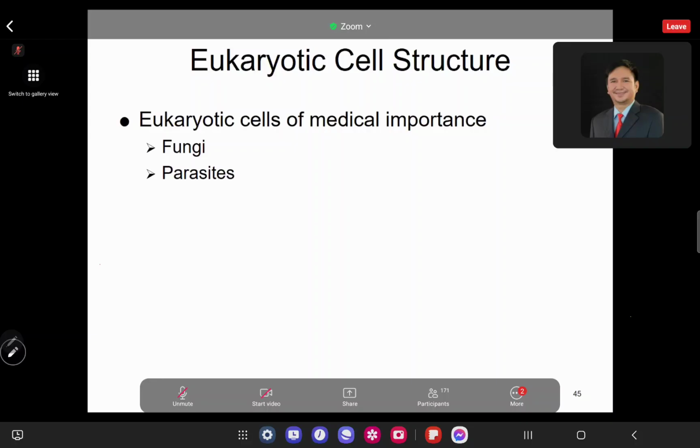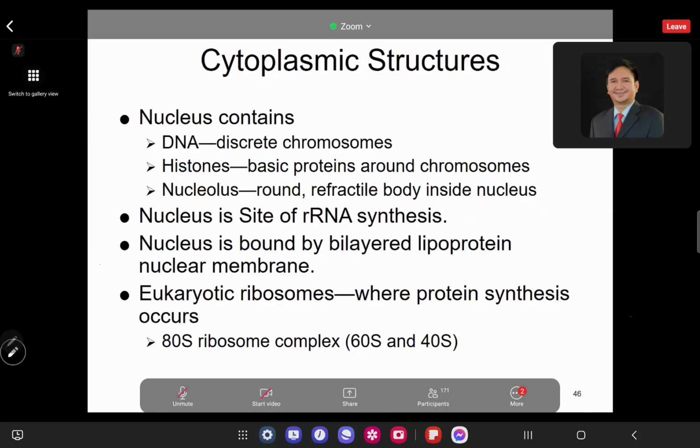We will know more about your pathogenic fungi in your clinical mycology next semester, hopefully. While your parasites, we already mentioned about your protozoans, as well as your roundworms or your helminth. Then we have also your tapeworms, your flatworms, and other parasites associated with infections.